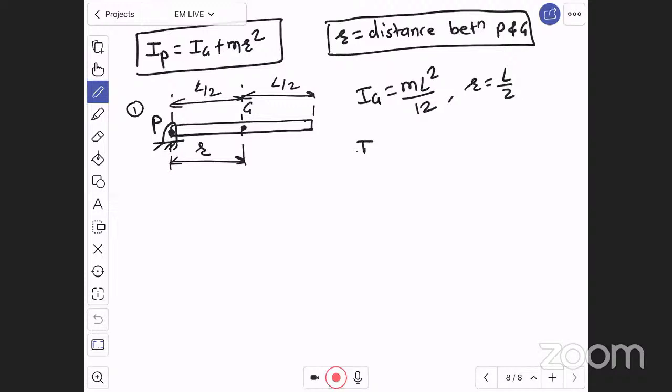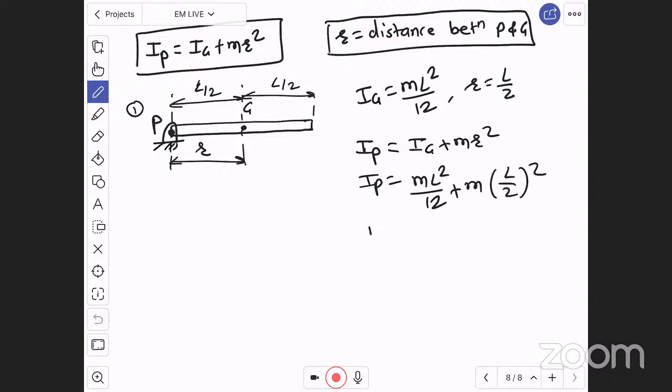Now, I about point P. I about point P is nothing but I about G plus mr square. Therefore, I about point P, that is extreme end of rod, right? Is nothing but ml square by 12 plus m into r, which is L by 2, whole square. Therefore, I about P, solve this. ml square by 12 plus ml square by 2 square is 4.